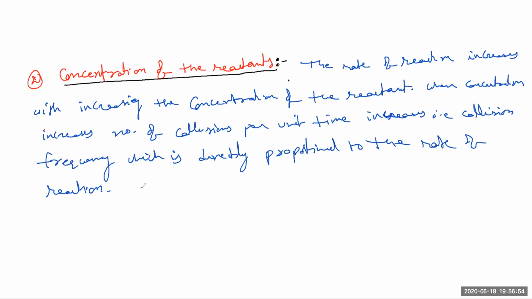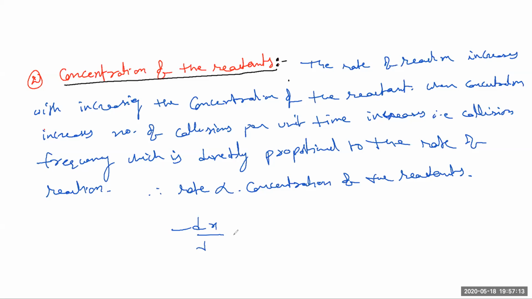Understood or not? So finally, the rate is directly proportional to concentration. That means minus dx by dt is directly proportional to c power n, or minus dx by dt is equal to proportionality constant k into c power n.